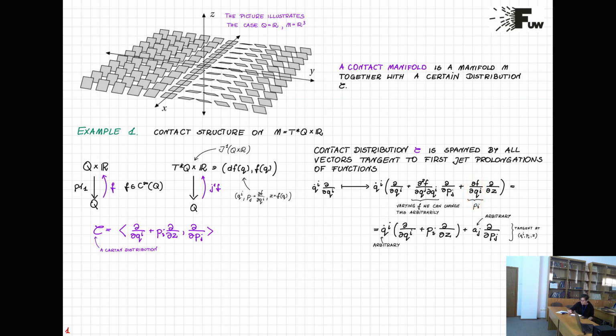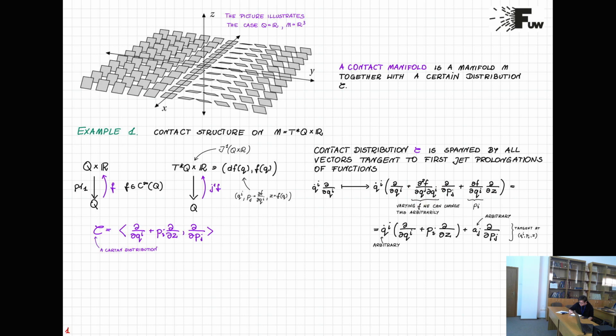So there are those partial derivatives with respect to coordinates, and if we keep the point in the jet space, which means that I keep the differential of the function fixed, and I keep the value fixed, then how this vector is lifted up there depends on the second derivative of the function.